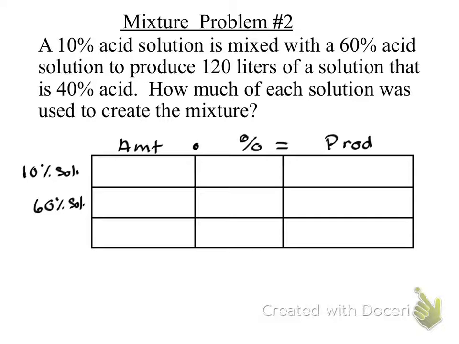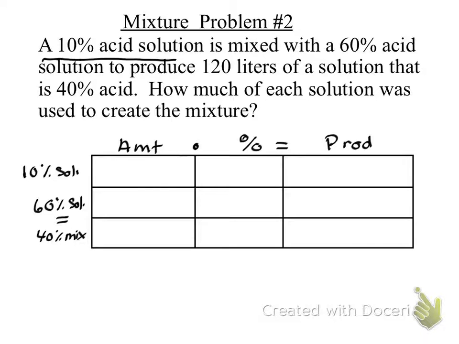A 10% acid solution is mixed with a 60% acid solution to produce 120 liters of a solution that is 40% acid. What are we calling the mix? The 40%. That's the 40% mix, because I'm getting it from the reading.